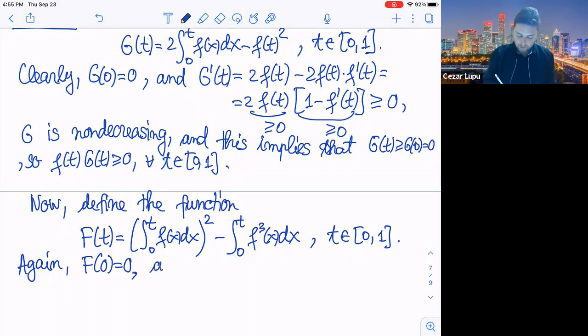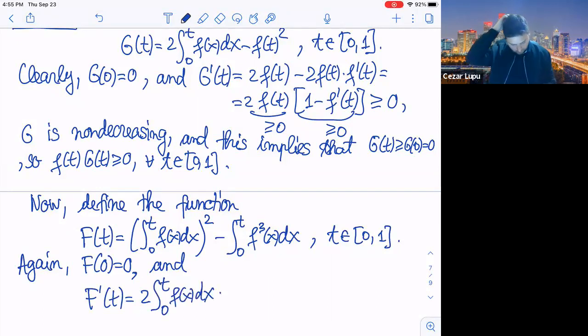And the derivative with respect to t, f prime of t, is what? It is 2 times the integral from 0 to t of f of x dx times f of t minus f cubed of t dt.